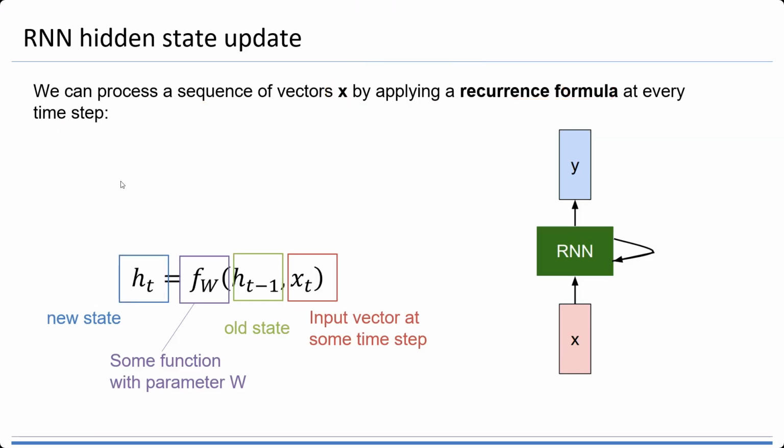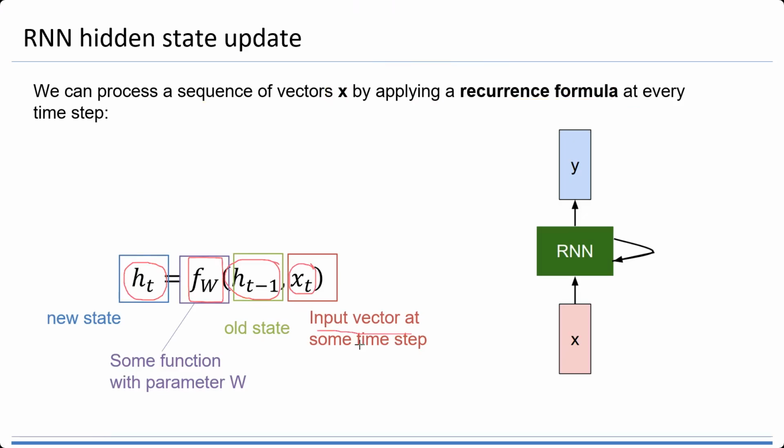So the formula will be something like this. When we calculate the new state, HT, it is a function of the numbers in the old state and also the value in the input.